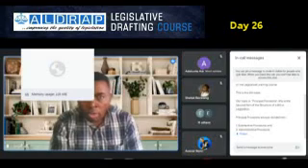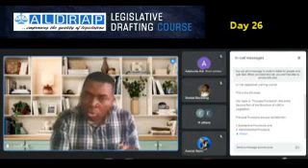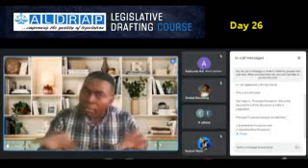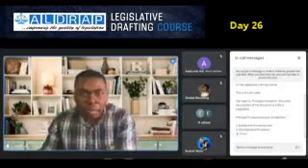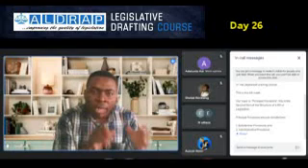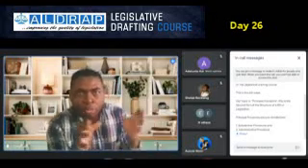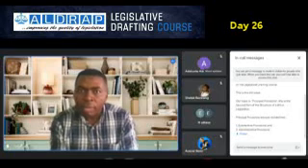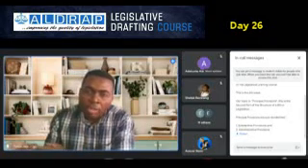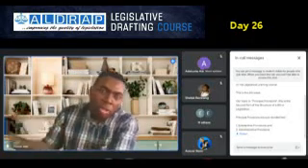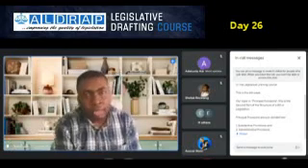The word established is always used when you're drafting substantive provisions. There is established the Nigerian Petroleum Corporation, a body corporate with perpetual succession. That's how it's drafted.